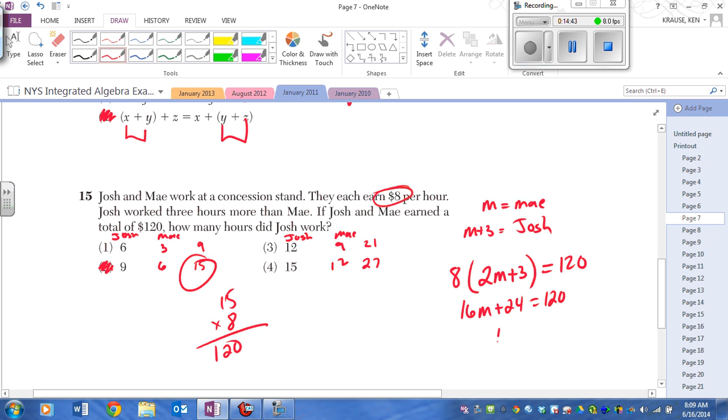Subtract 24, I get 16M equals 96. Then I divide by 16. I was hesitating because I knew I'd end up with M equals 6, and it wasn't one of the answers. But these are May's hours. So Josh would be 9. So Josh is 9 right here. Alright, that ends this part.